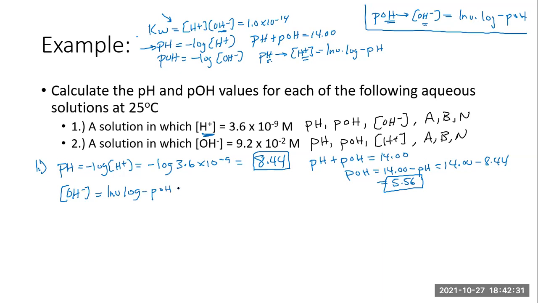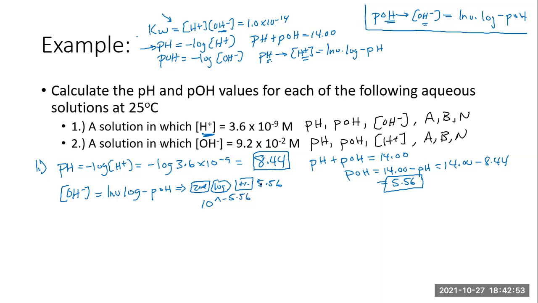Again, on your calculator, you want to go second button, log, if you have a display calculator, negative, and then 5.56. It should pop up something like a 10 and a caret, 5.56 when you do that.